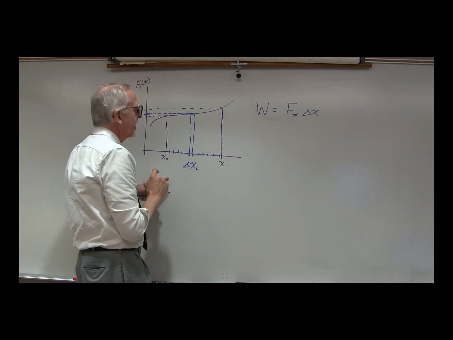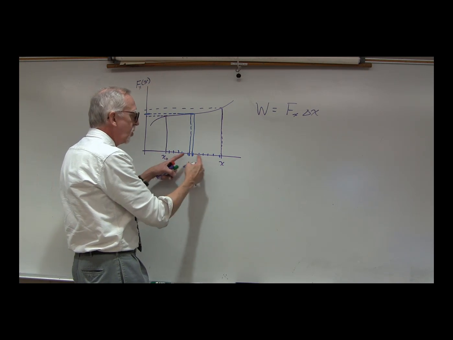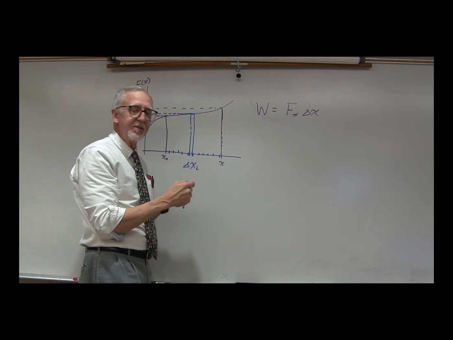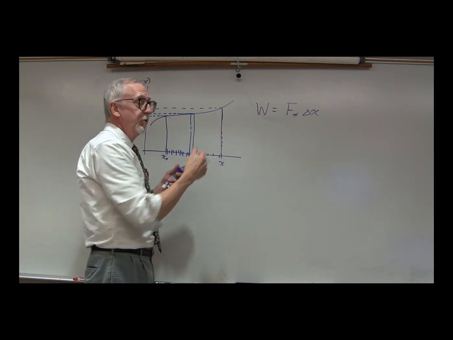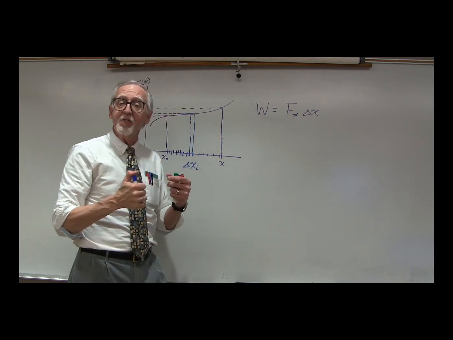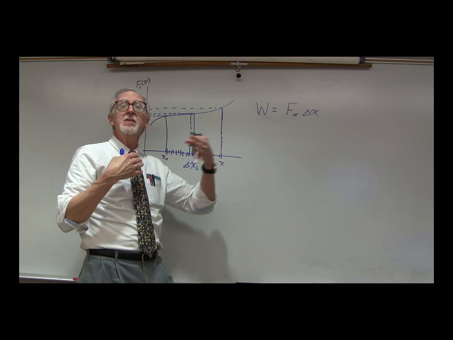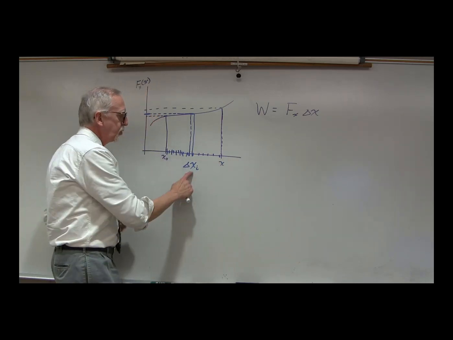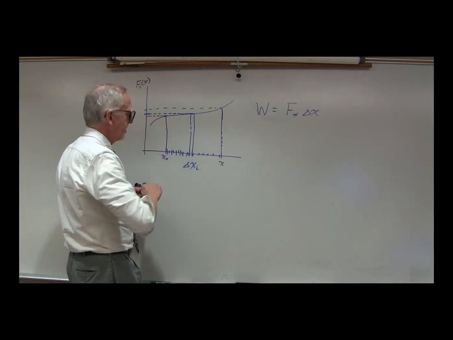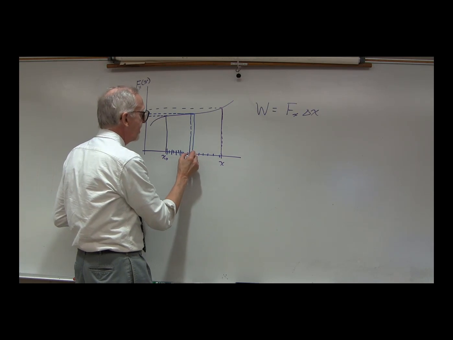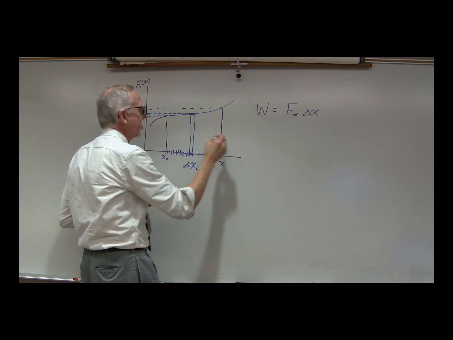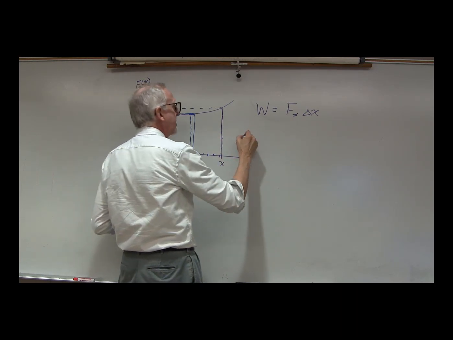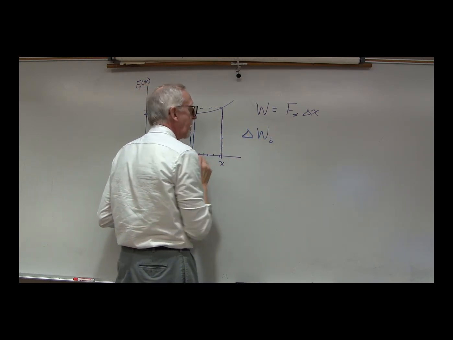So how much work is going to be done over each one of these? If we figure out how much work is done over each one of these little displacements, all we have to do is add up the total work to give us how much work was done over the entire motion. So how much work was done over this little displacement? Well, we've got delta x here, and the force up here. The little tiny work done, we'll call this delta w sub i.